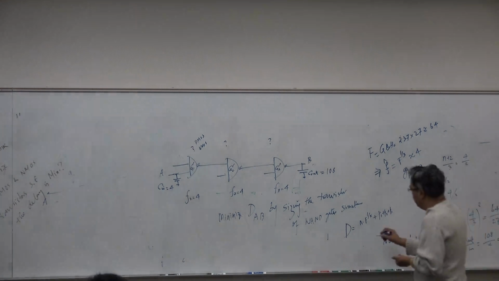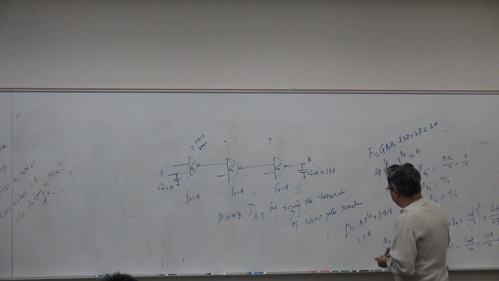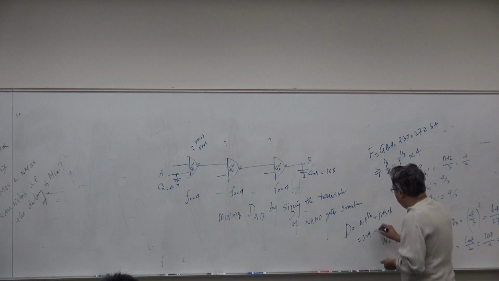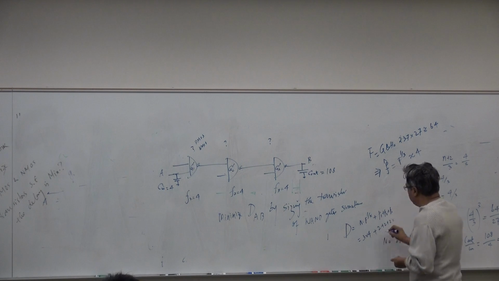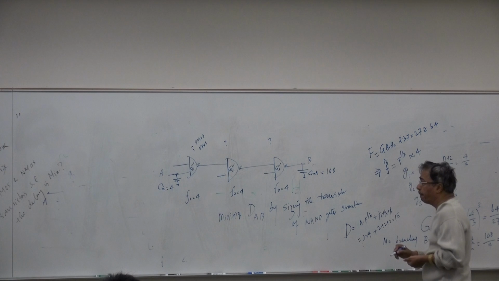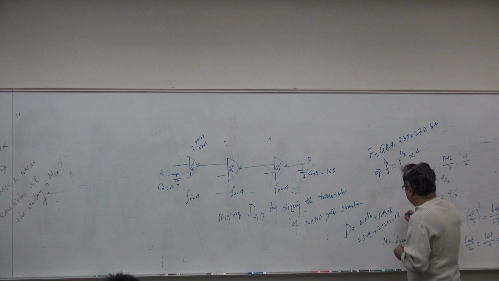So N is equal to 3, F to the power 1 by N is 4, plus P1 is 2, P2 is 2, plus P3 is 2. So 12 plus 6 is 18. So 18 tau, where tau is the process constant.